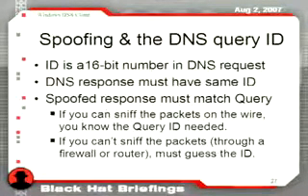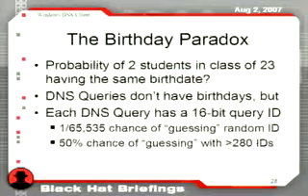So one of the first issues they had was how do you spoof this thing and guess the transaction number? Well, if you remember in high school or classes, a lot of times people would say, hey, the probability of two students having the same birthday in a class of 23 is over 50%. And this is because it's like 23 people times 23 people across the possibilities. It's a lot more common than you'd think.